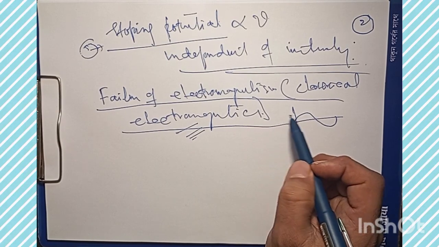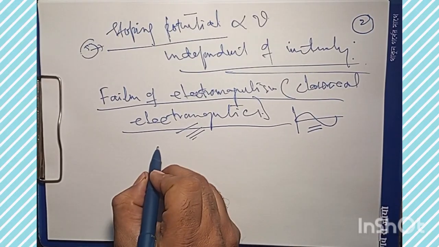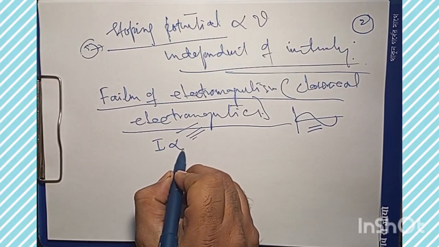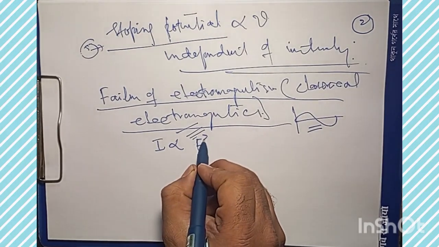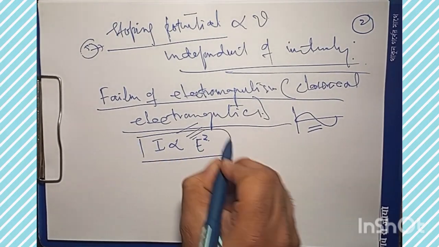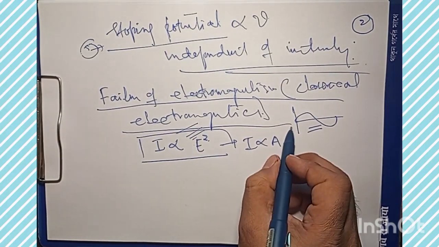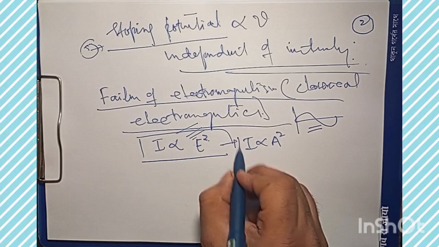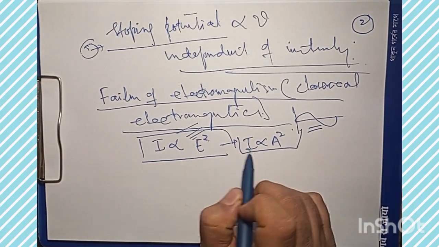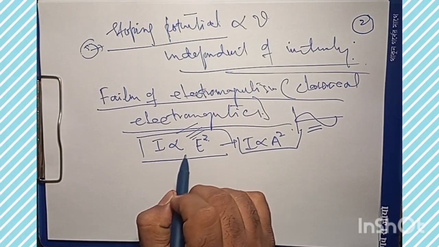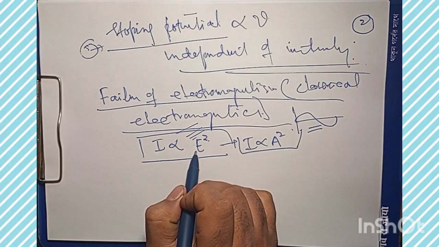The intensity of light is proportional to the square of the amplitude of the electric field vector.